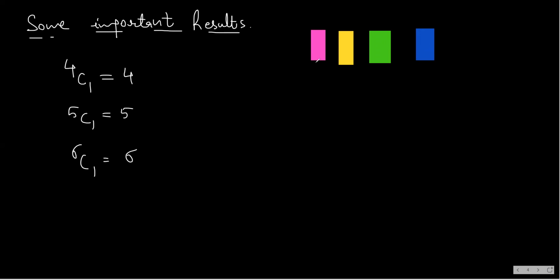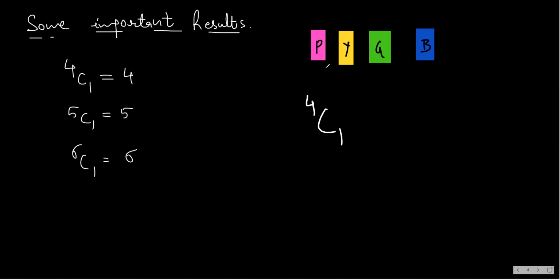So if you have these objects and you have to get just one object, that is 4C1. From these 4, you have to get just one object. So in how many ways can you select one object?